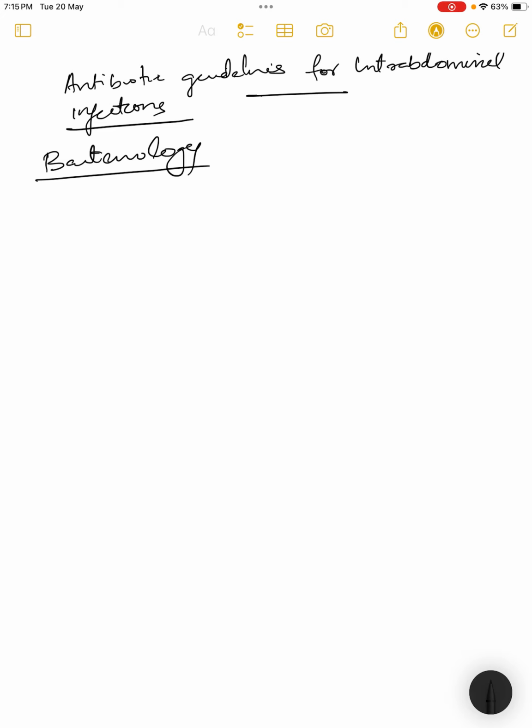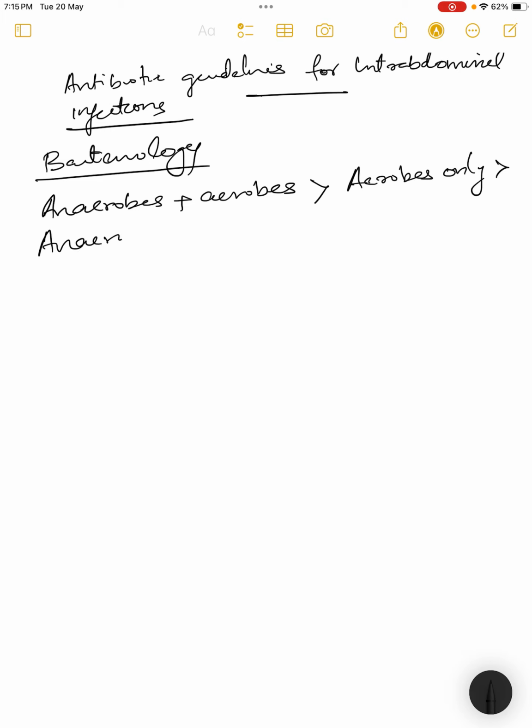So in the bacteriology of intra-abdominal infections, anaerobes plus aerobes cause more intra-abdominal infections than aerobes only. Then comes anaerobes only.